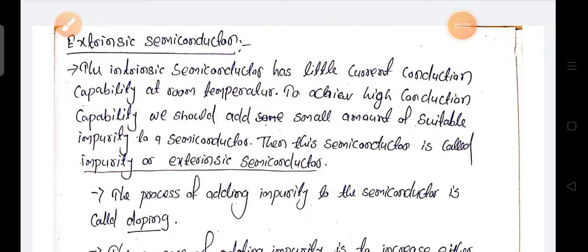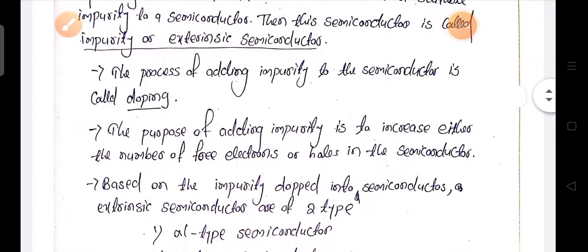The purpose of adding impurity is to increase either the number of free electrons or the number of holes in the semiconductor.